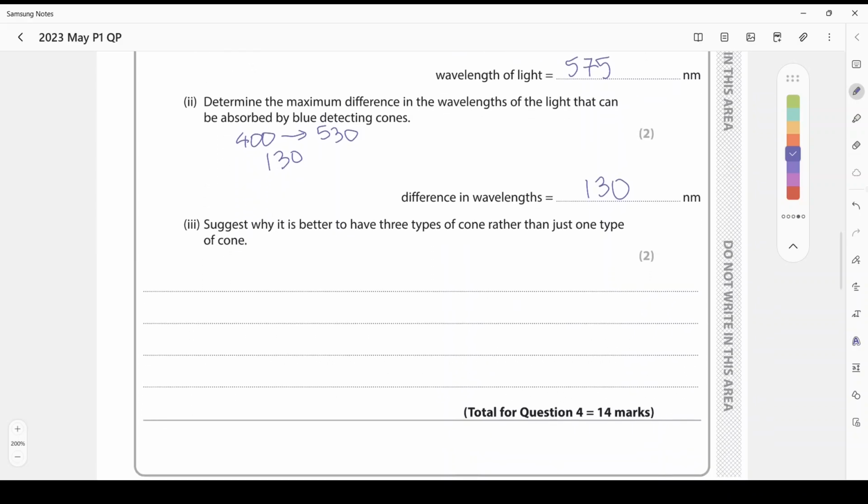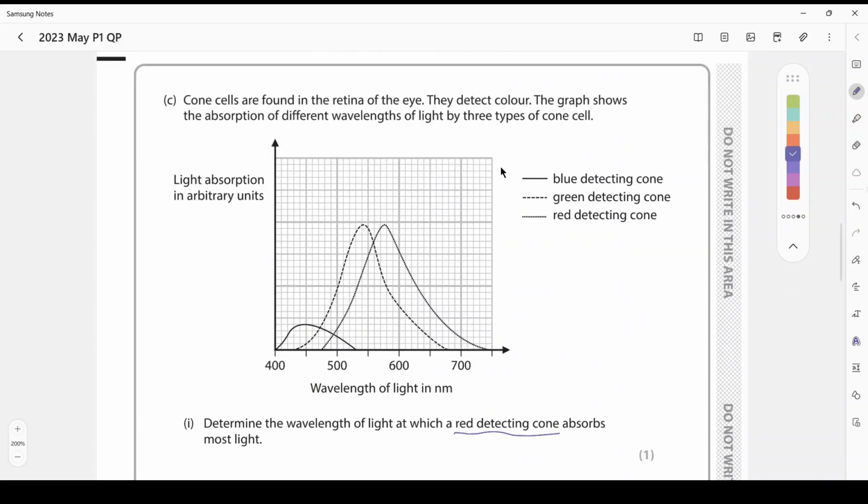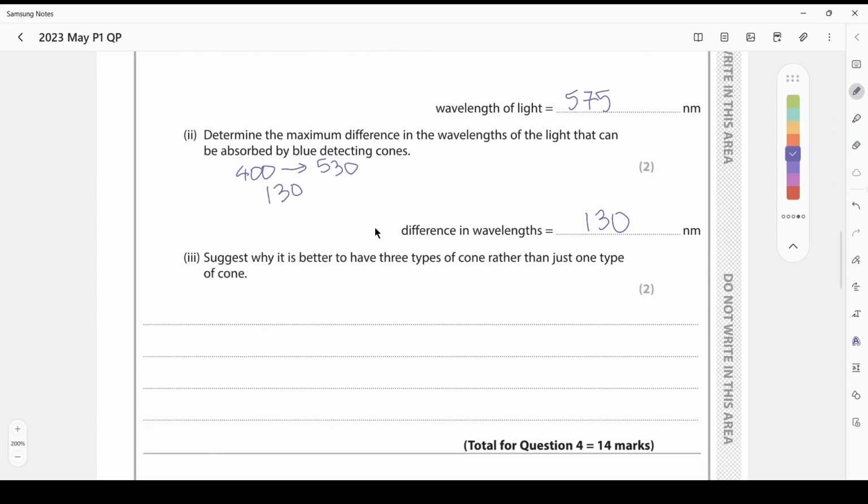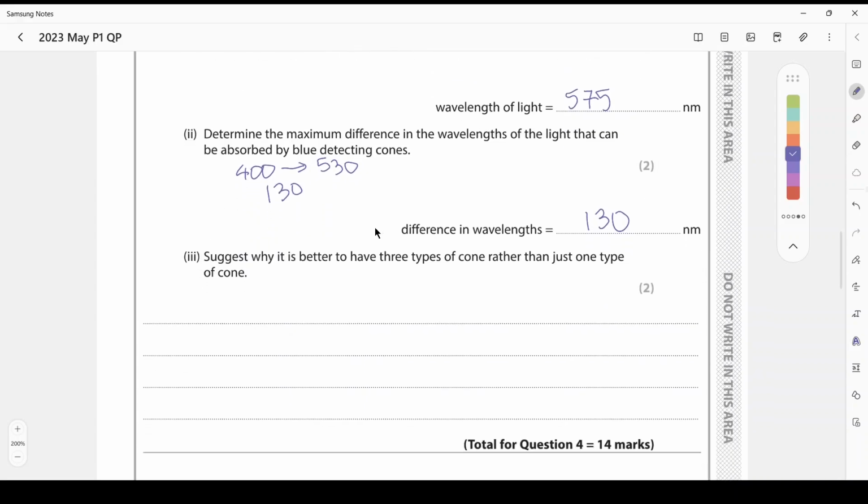Suggest why it is better to have 3 types of cone rather than just 1 type of cone. So we can see from the graph, each cone absorbs different wavelengths, and if you can absorb different wavelengths, then you would be able to see different colors.